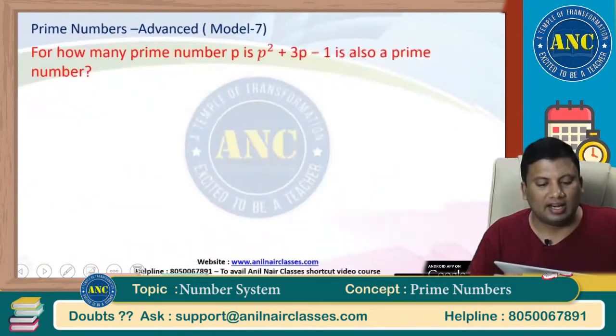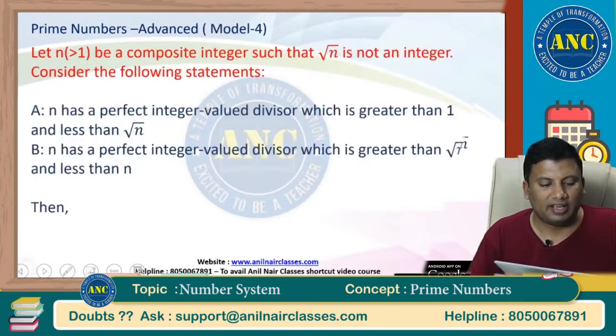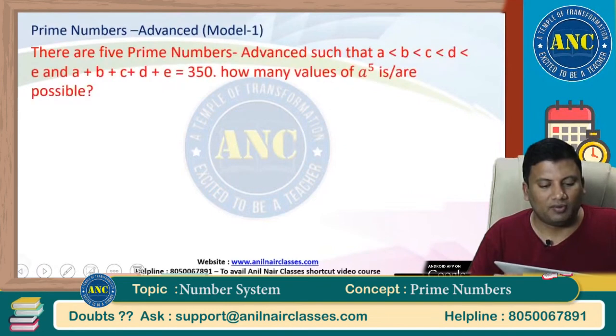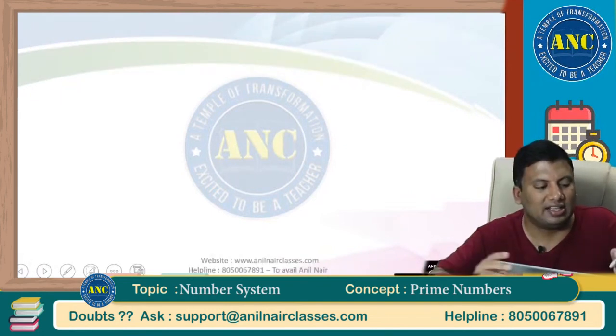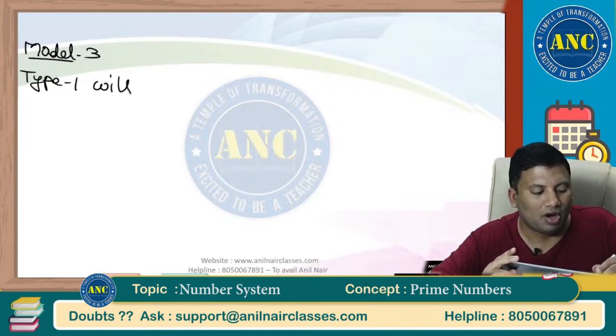It is 9, 8, 7, 6, 5, 4, 3, 2, 1. What is model number 13? Model number 13 is nothing but type 1. What is this type 1? Wilson's theorem. Already we have done various problems related to Wilson's theorem.